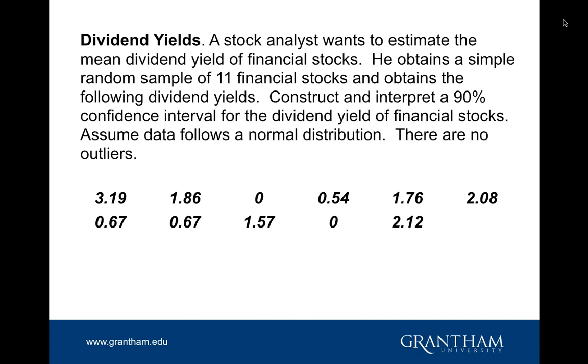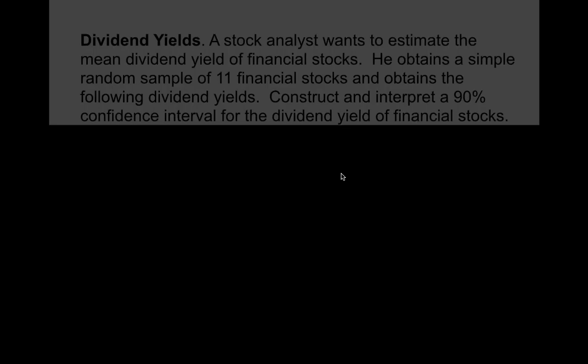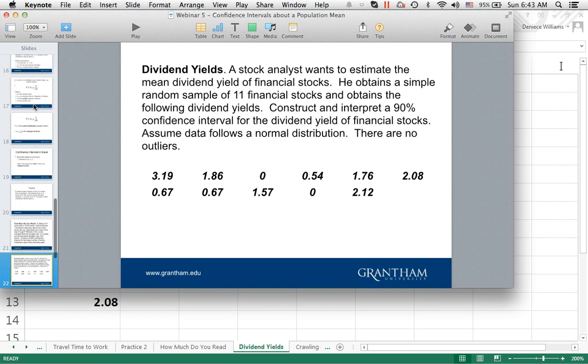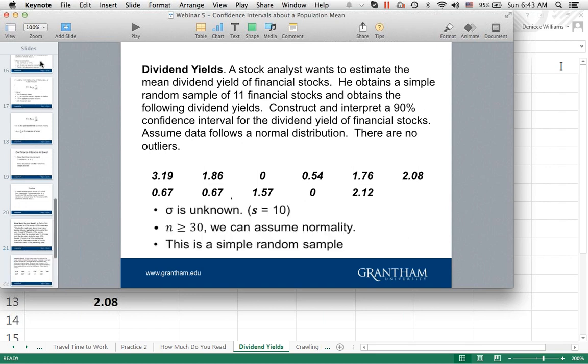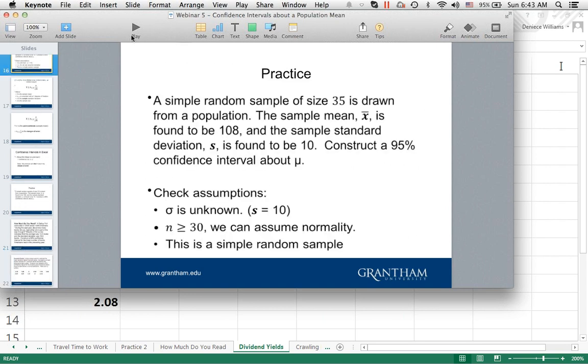Assume the data follows a normal distribution and there are no outliers. So here, this data is normal. There's no outliers. So we have to make sure that the assumptions hold true. The assumptions hold true. So let's go back to the assumptions page for this.